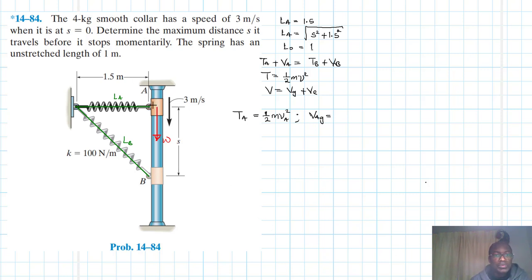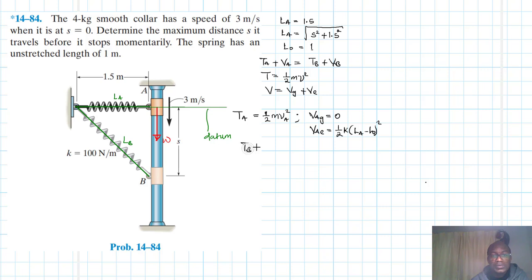I'll choose my datum to be this point like this. It's really up to you to choose which one is your datum. So if that is my datum, this just becomes 0. Then VAE, which is the elastic potential energy, is just equal to half k times LA minus L0, squared.